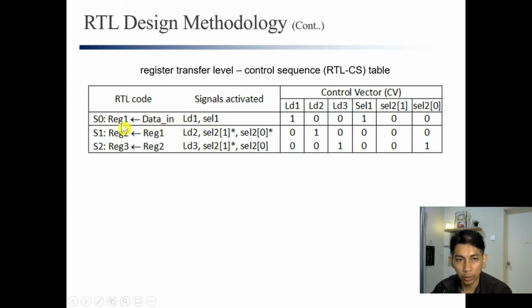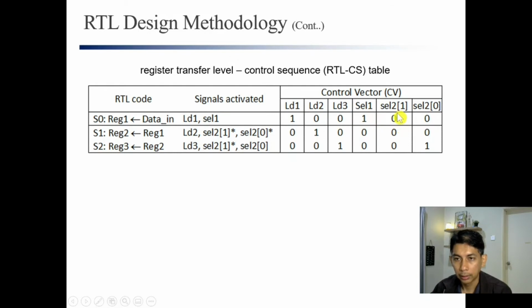So in S0, we want to transfer the data from here to here. Just like I said, LD1 must be 1, SEL1 must be 1. Here you can see LD1 is equal to 1, LD2 equal to 0, LD3 equal to 0, SEL1 equal to 1.